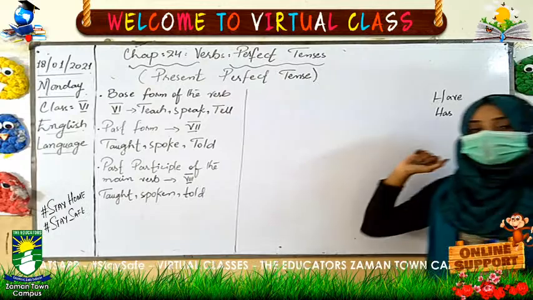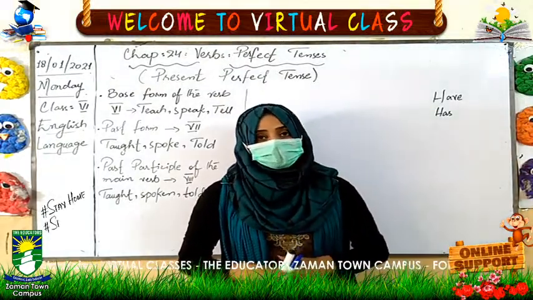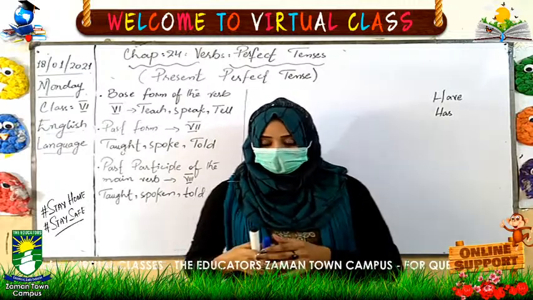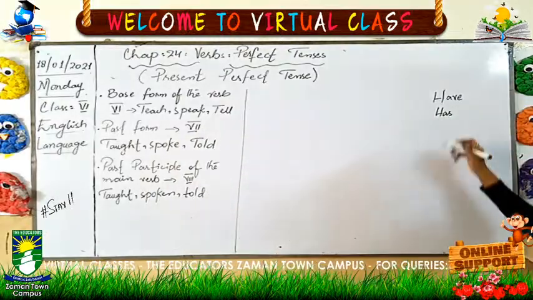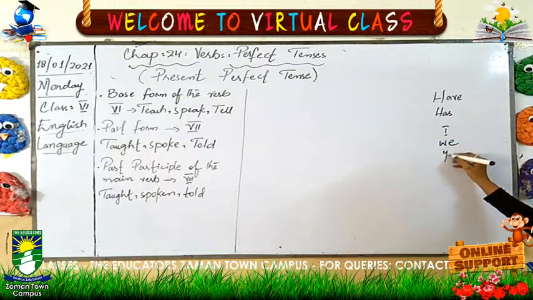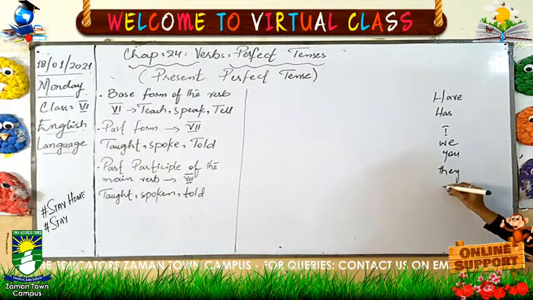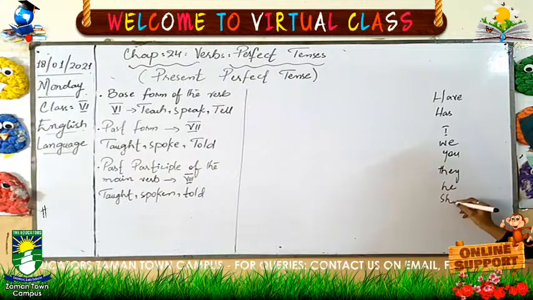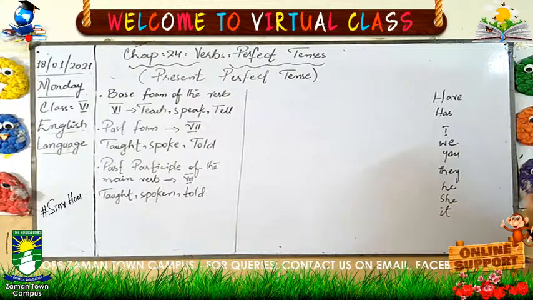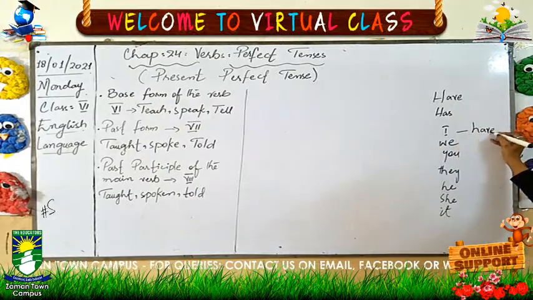As we have the seven pronouns I, we, you, they, he, she, it, with these seven pronouns, how are we going to use them? With I, we are going to use have.